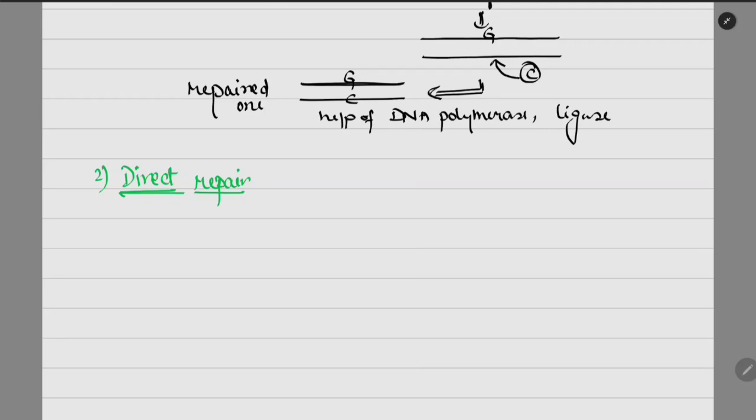In this process, there is no breaking down or exchange of one nitrogenous base for another one. But here there are different molecules and enzymes, or chemical agents, that alter the molecular structure of the damaged DNA part, so that the newly formed DNA is seen. They act on the damaged nucleotides or nucleosides, converting them to the original structure.